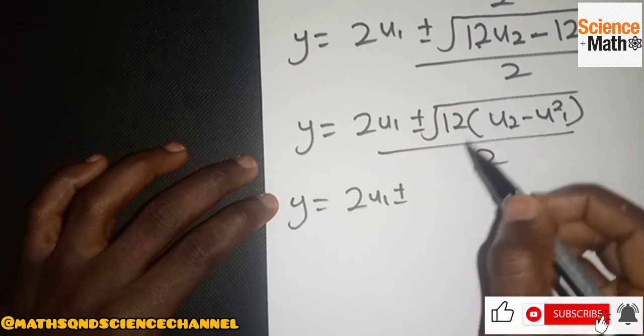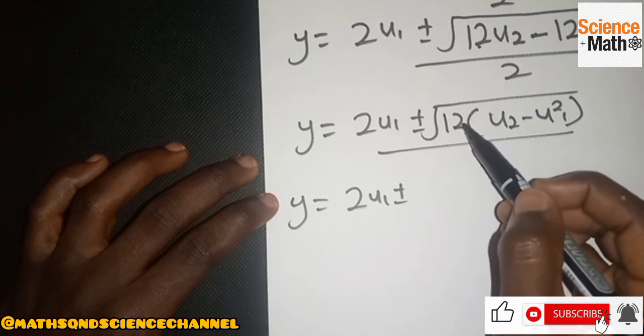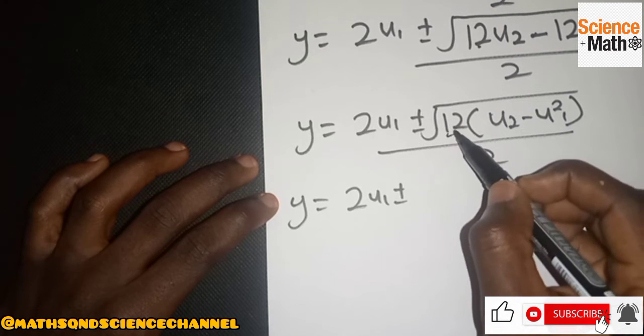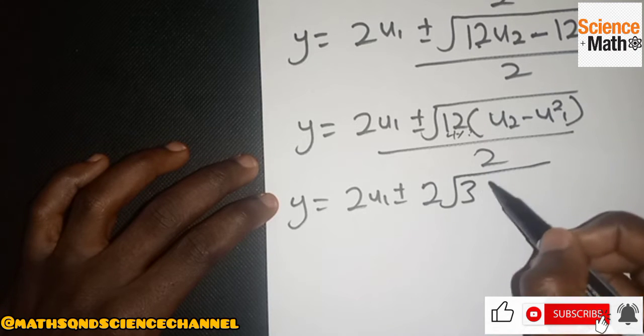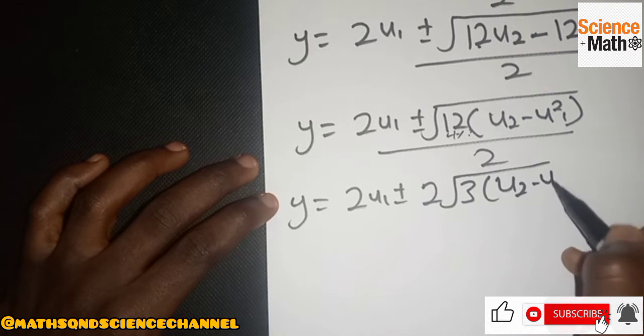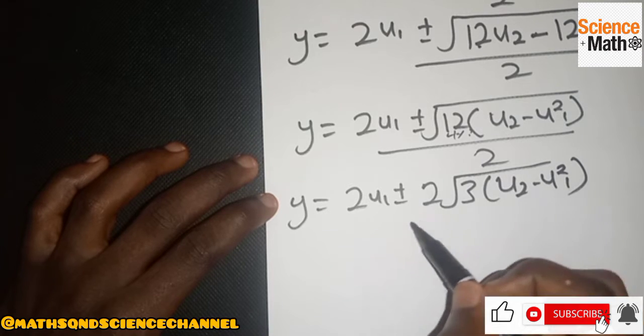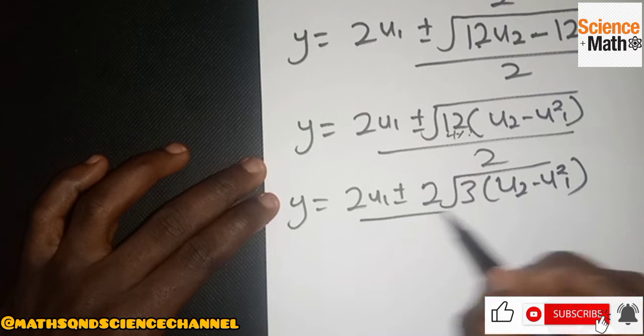So we have u1 plus or minus. Now what is the square root of 12? The square root of 12 is 4 multiplied by 3, so it's 2 with the root of 3 still inside, u2 minus u1 squared here divided by 2.